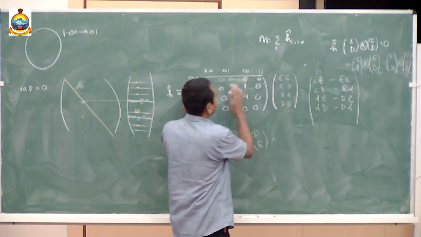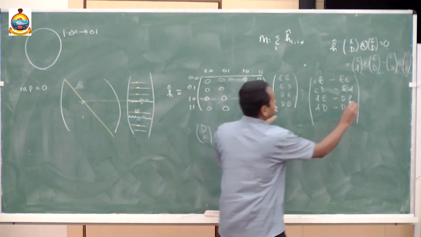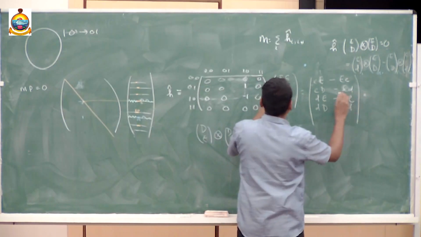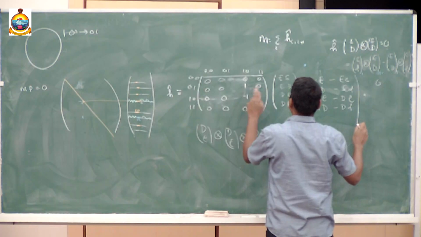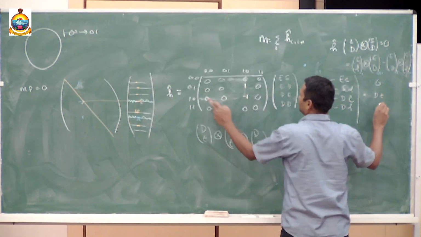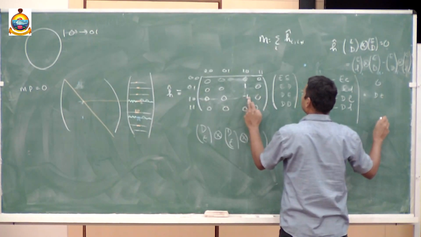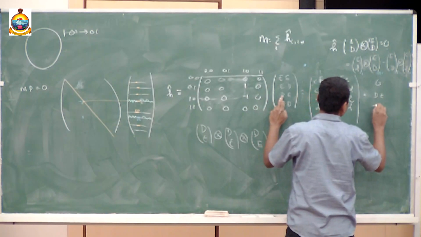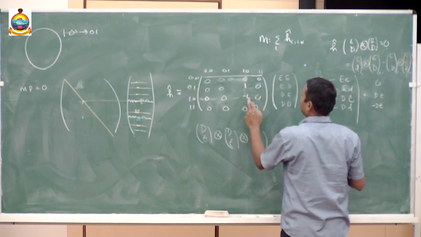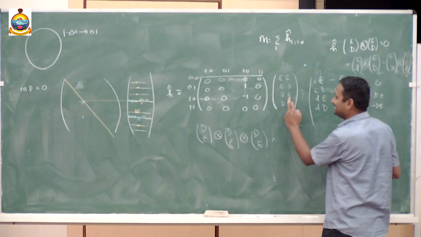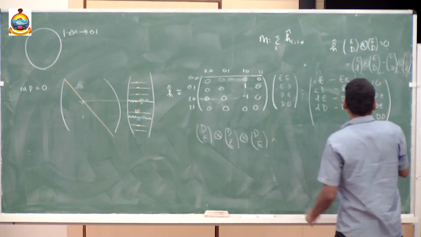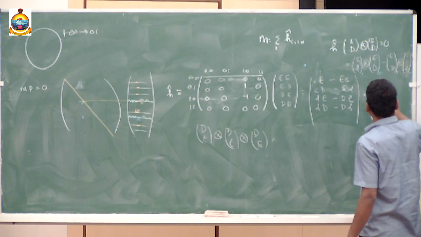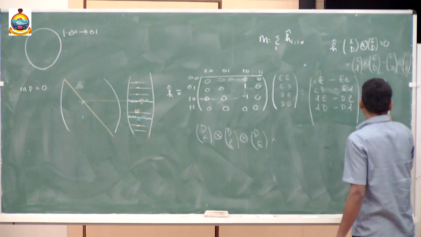If you multiply this side, this into that, this one will give you just 0, this times 0, and this one will give you just DE, and this one will give you minus DE. Minus DE, by the way, not ED, and then there is a DD. So you have an equation where the last term is 0. DD is 0.